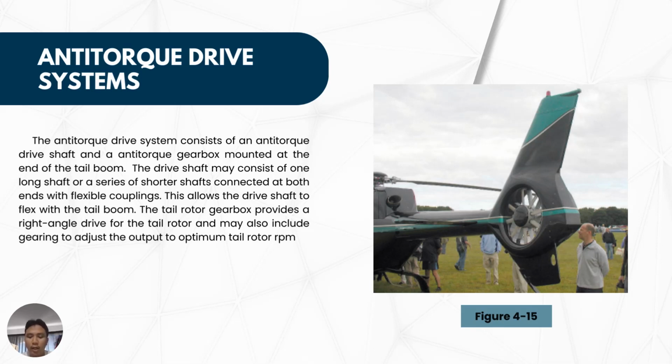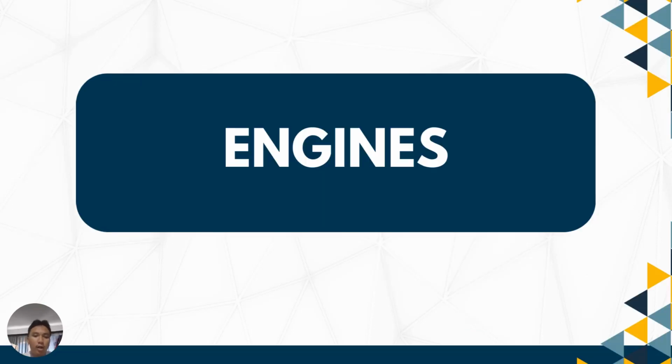If there's nothing to balance out this twisting force, the helicopter would start spinning in the opposite direction. Anti-torque drive systems are like a special counter-rotating fan that cancels out the spinning force, helping the helicopter stay steady in the air. And now let's go to the engines.